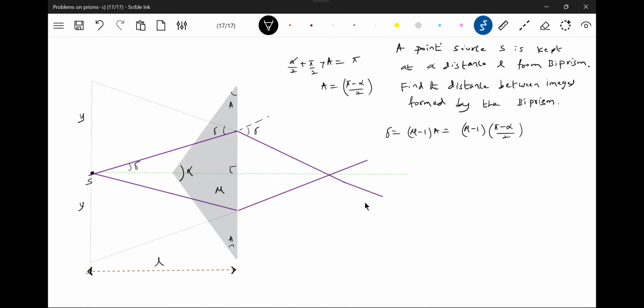Then tan theta, how to bring that one? In the biprism, the same formula should be applied here. Tan delta should be equal to y by L. It's a small angle prism, and in the diagram it will appear as a small angle prism.